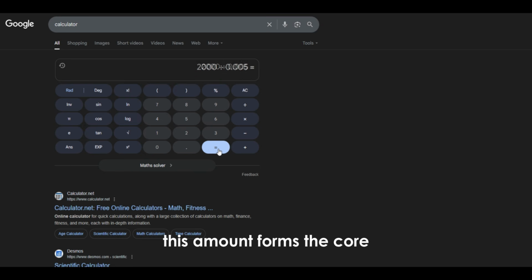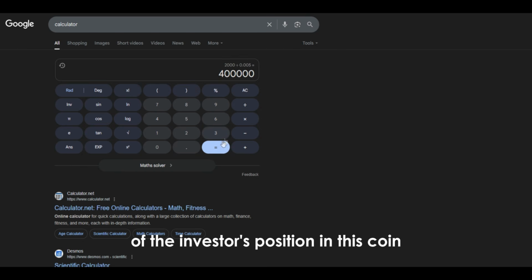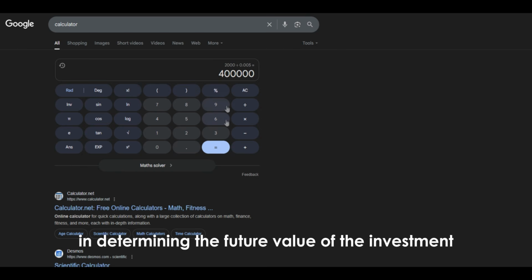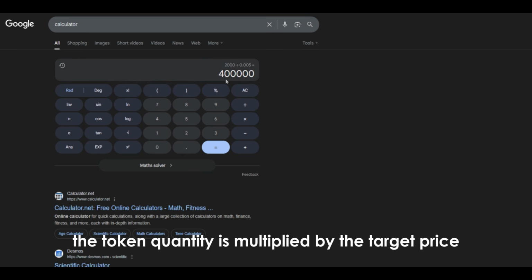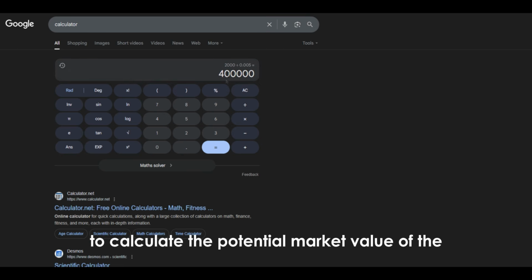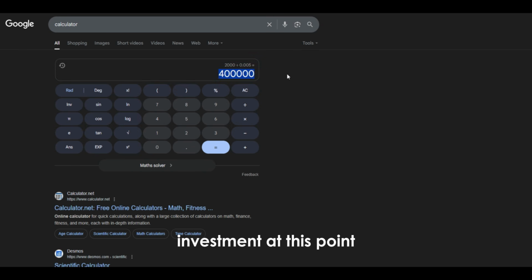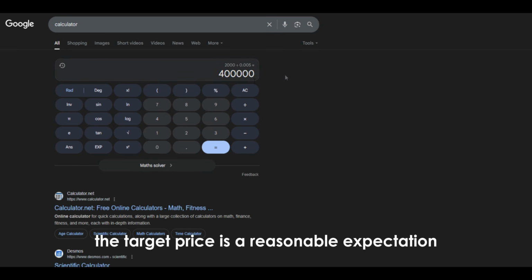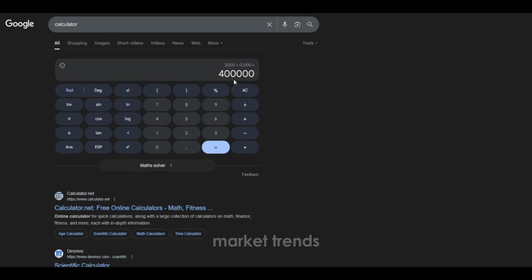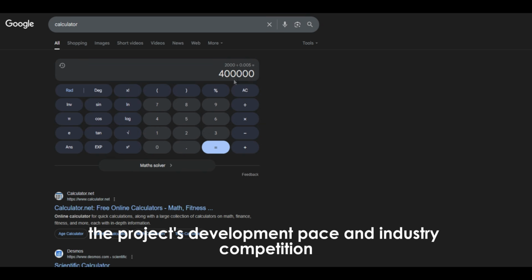This amount forms the core of the investor's position in this coin and is critical in determining the future value of the investment. The token quantity is multiplied by the target price to calculate the potential market value of the investment. At this point, the assumption of a target price of $0.018 is significant. The target price is a reasonable expectation based on technical analysis, market trends, the project's development pace, and industry competition.